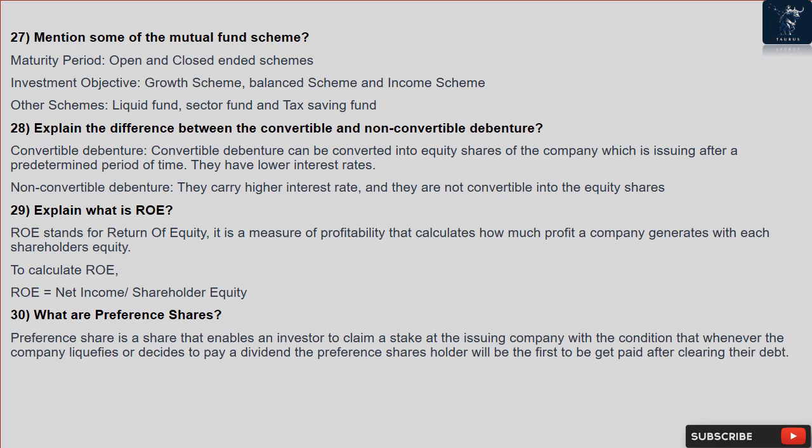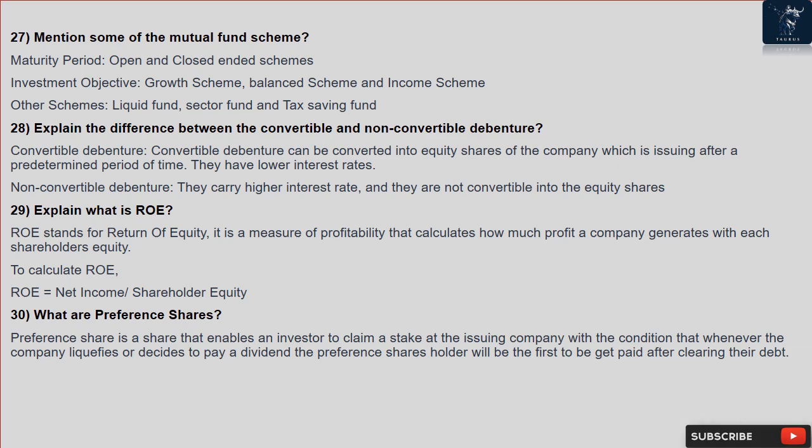Explain the difference between the convertible and non-convertible debenture. Convertible debenture can be converted into equity shares of the company issuing it after a predetermined period of time. They have lower interest rates. Non-convertible debentures carry a higher interest rate, and they are not convertible into equity shares.